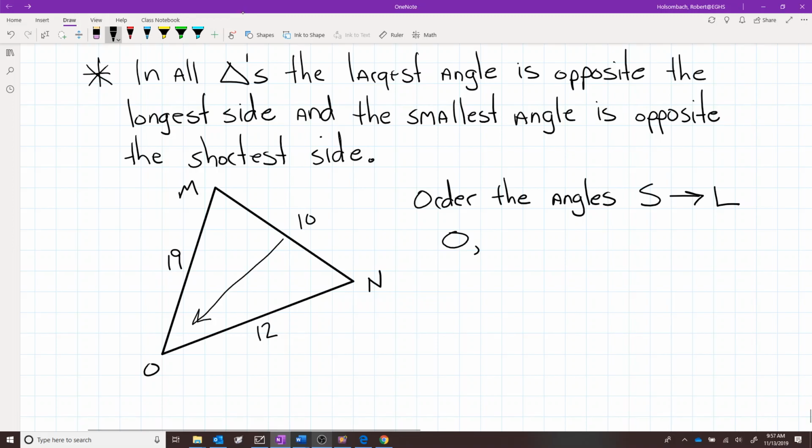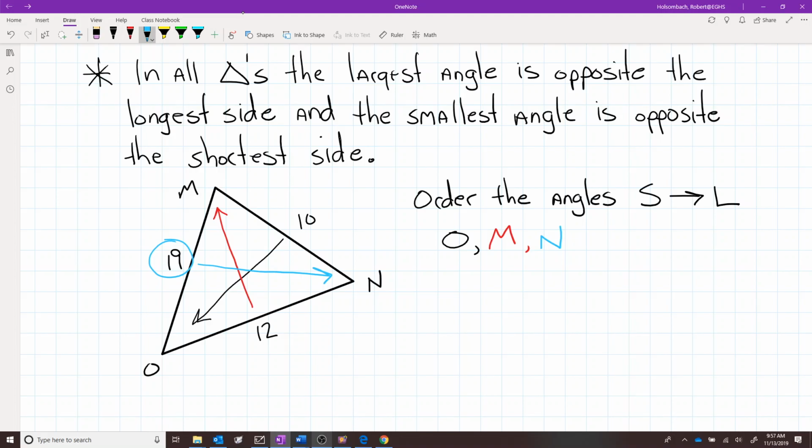Your next smallest side is the 12, and the angle that's opposite the 12 is M. And your longest side is going, or I'm sorry, your largest angle is going to be opposite the longest side. So there's your longest side. Opposite of that is N. Anybody have a problem with that?